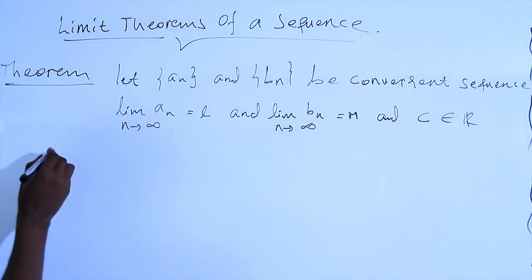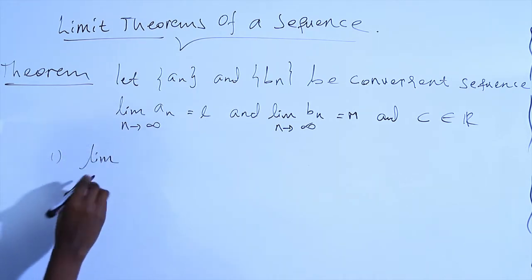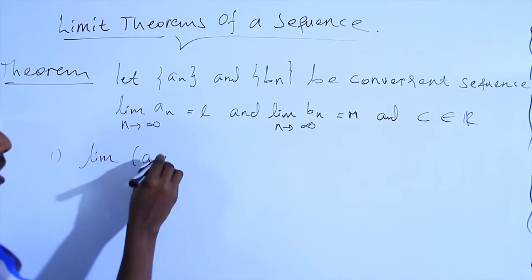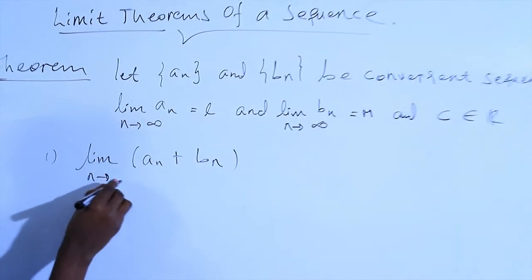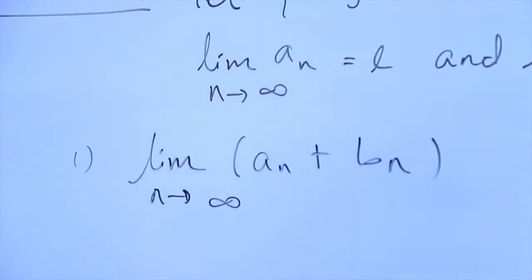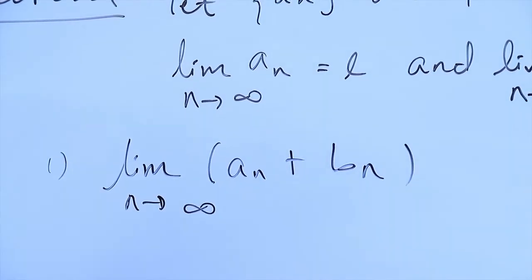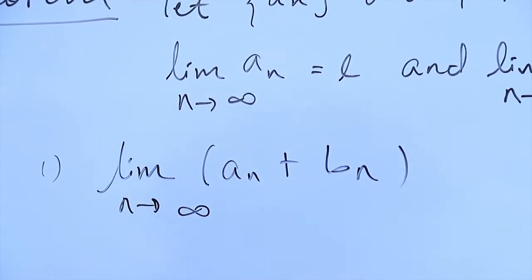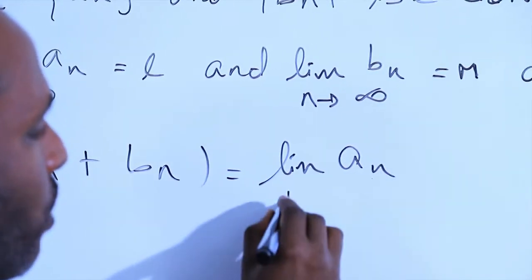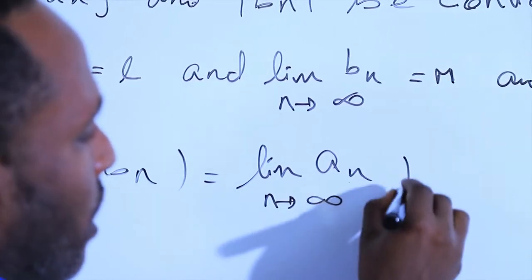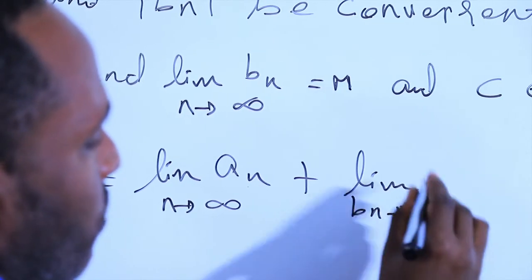The first property: the limit of the sequence an plus bn as n approaches infinity is exactly equal to the limit of the sequence an as n tends to infinity plus the limit of the sequence bn as n tends to infinity.